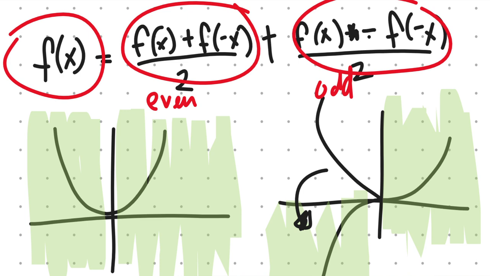Now, on the right-hand side, we can see an odd function like x cubed, or x to the fifth, or x to the seventh power. If the limit as x approaches infinity of x cubed is obviously infinity, on the other side, where x approaches negative infinity, it will approach negative infinity.